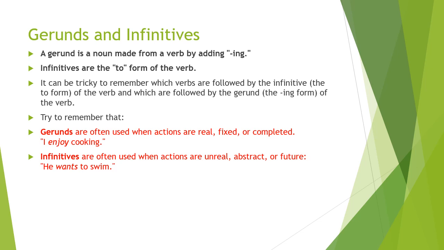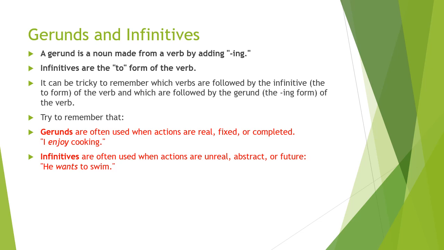So a gerund is something where the actions are real, fixed, or completed. So he's doing something. He's actually doing something. Whereas infinitive, which is to plus the base form of the verb, is used when actions are unreal, abstract, or for the future.